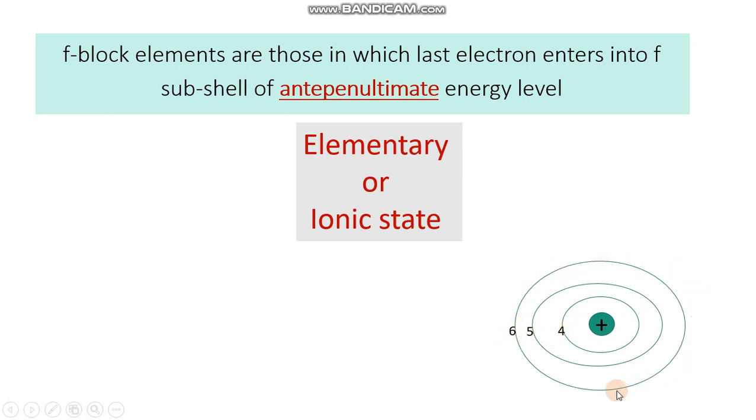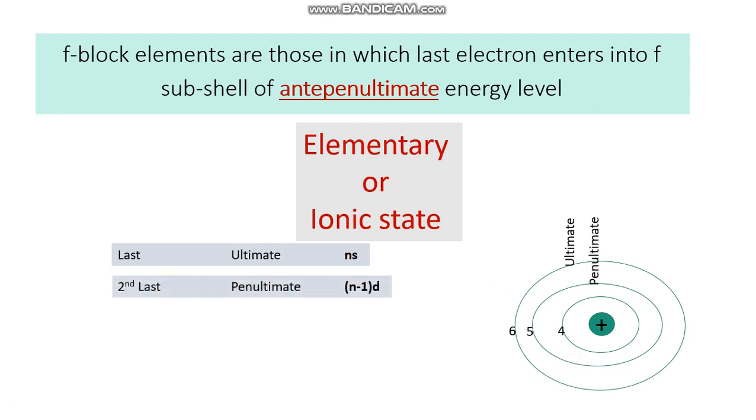The last one, which is the outermost shell, is called the ultimate shell, and it is represented by ns. The next one, which comes underneath, is the second last, and by nomenclature it is called the penultimate subshell, generally represented by (n-1)d, because this one is 6 and 6 minus 1 makes 5, so this is the fifth one.